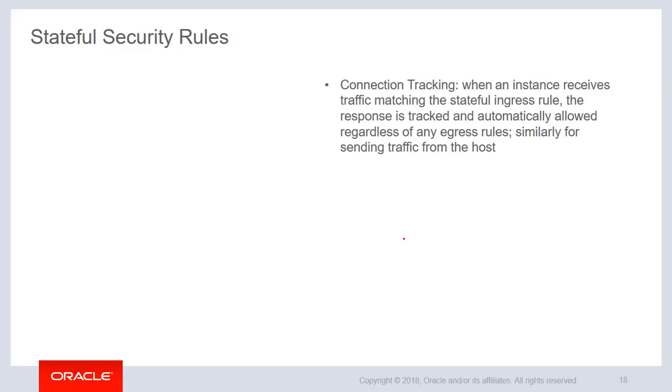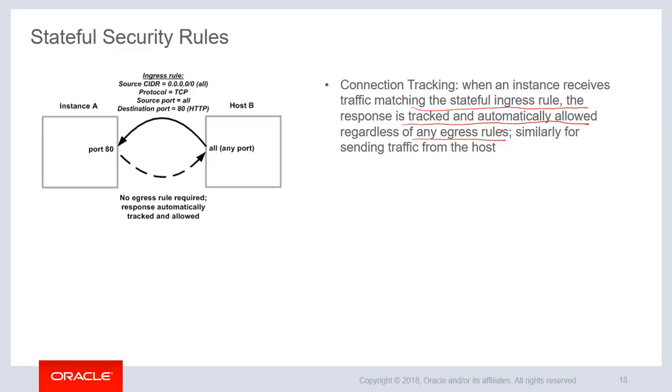For stateful, there is a term used called connection tracking. What it means is when an instance receives traffic matching a stateful ingress rule, the response is tracked and automatically allowed, regardless of any egress rule, and vice versa. Now what does that mean? Let's say we have an instance running here, and this is a host. It can be anything: my phone, a laptop, a server sending traffic.